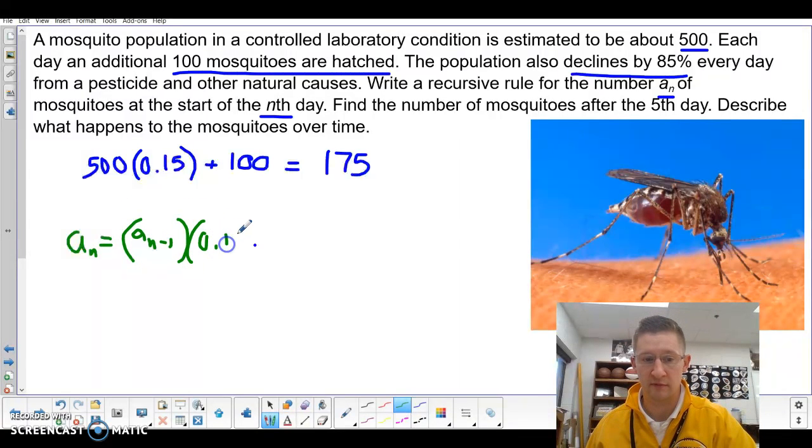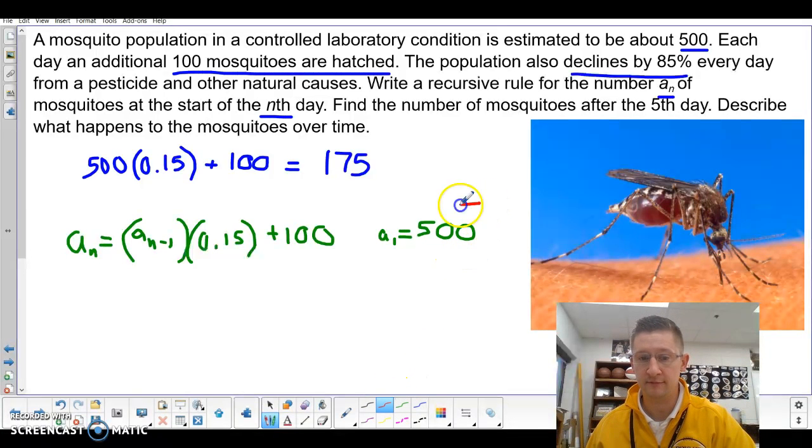I lose 85%, so I keep 15% of the mosquitoes that there were, and then I add 100 to that number. So there'd be my rule. Again, recursive rule, got to say where we started. So provided that the first term in this case is 500, because that's how many mosquitoes we start with. There's my rule. That'd be it.